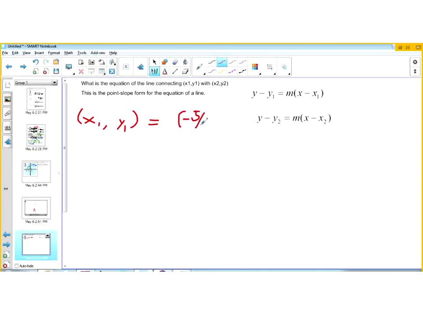So let's make this negative 5 halves and 3. All right? And let's define our second point as x sub 2, y sub 2 is equal to, what do I have? I have 1/2, 0.